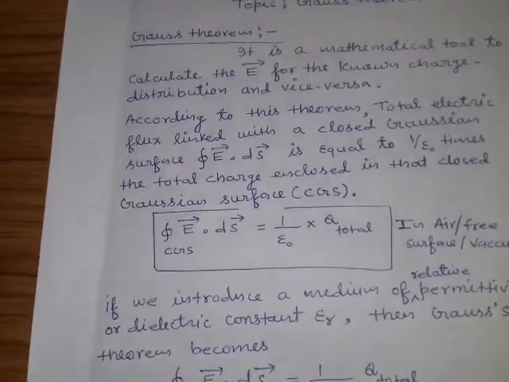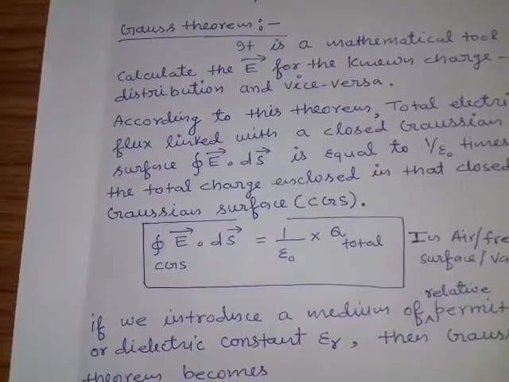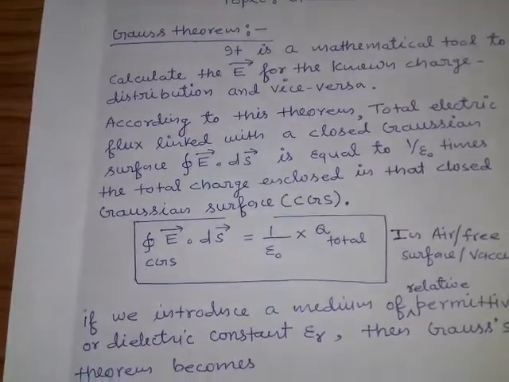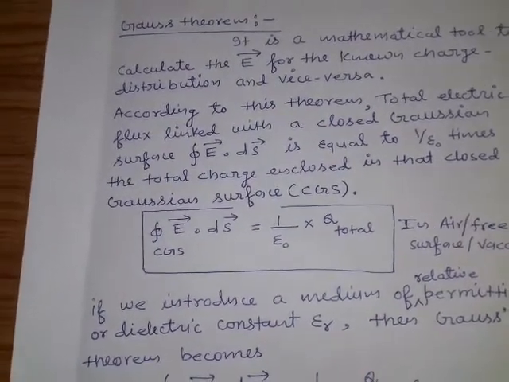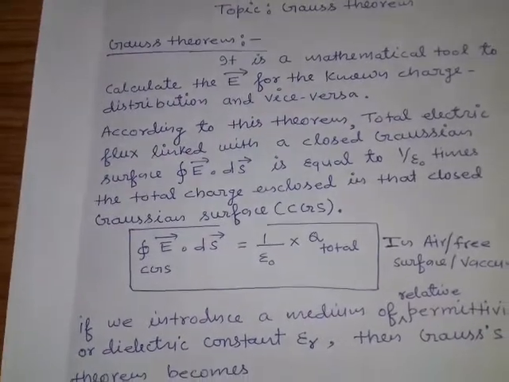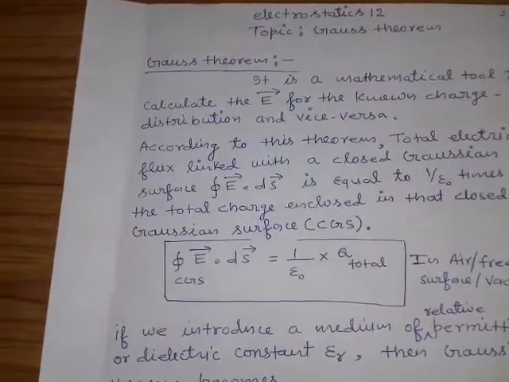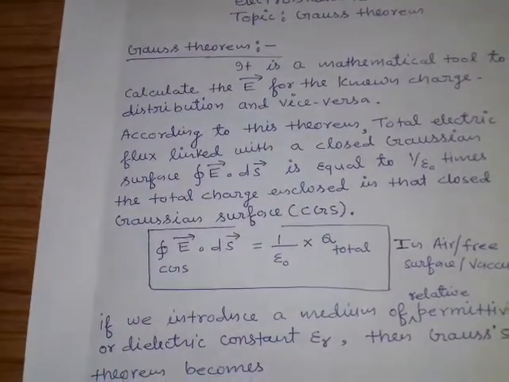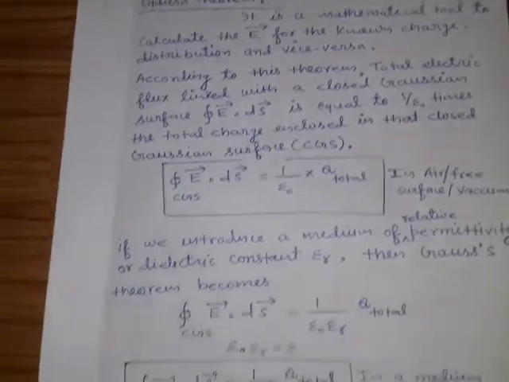Applications of Gauss theorem are part of your syllabus, which I will discuss in the next video, especially after your unit test. I will discuss the derivations of the applications after your unit test.